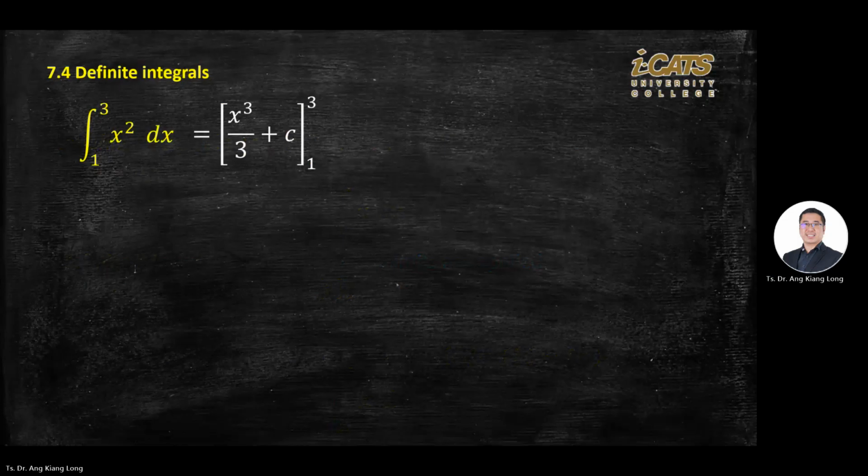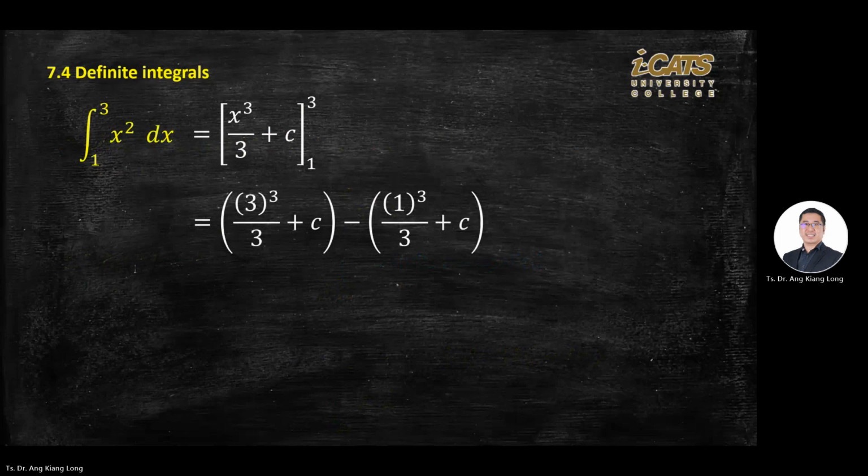Then in the box there, you copy the limit. On the top of the box, you copy the 3. Lower box, you copy the 1. Now in the real case, you don't need to write the plus c anymore. So what you do, you substitute the limit. Again, we always take the top minus the bottom.